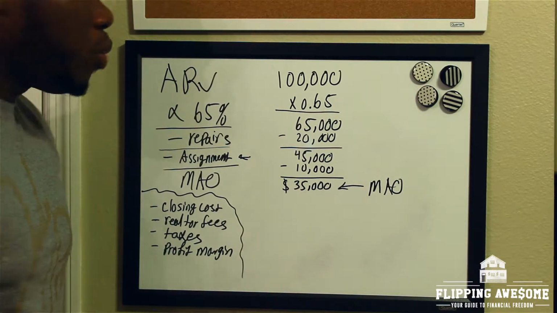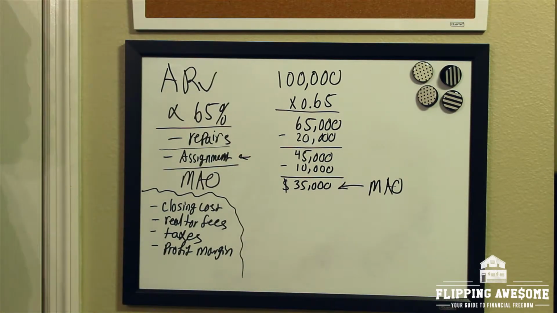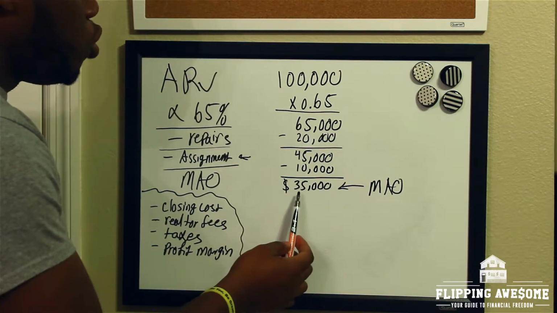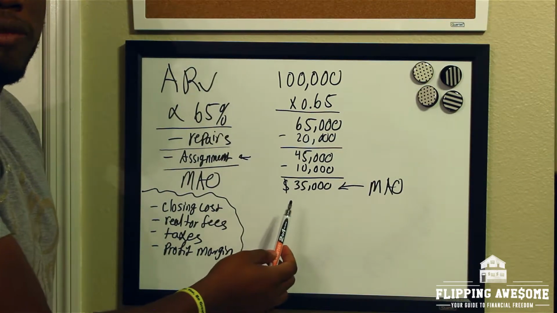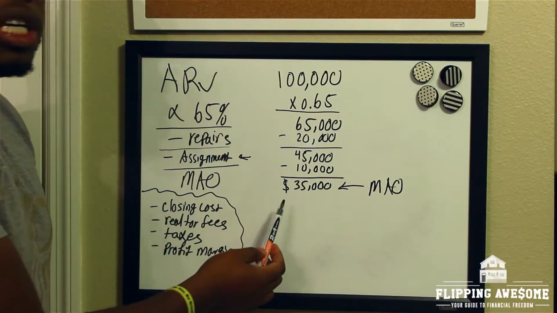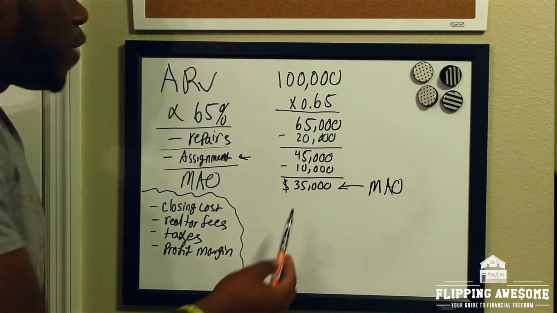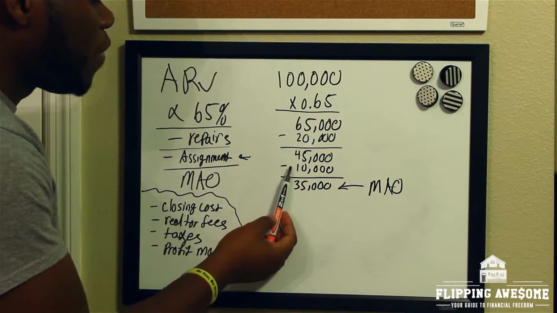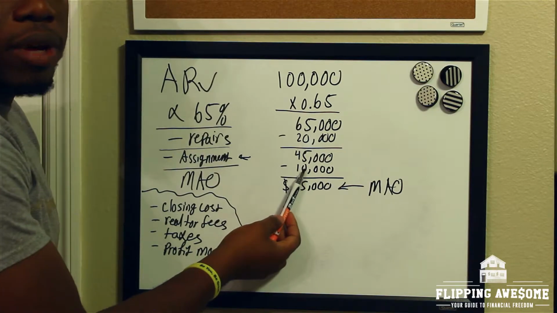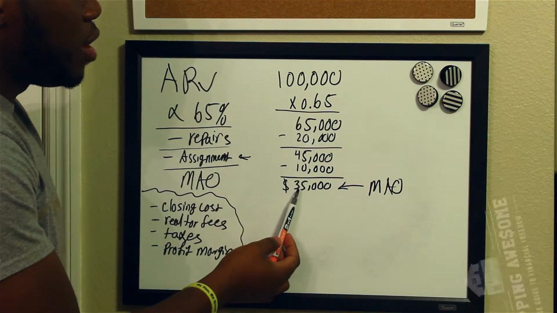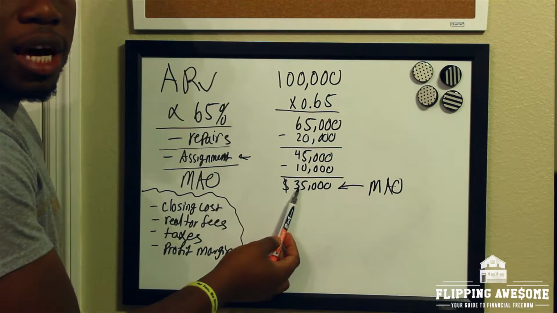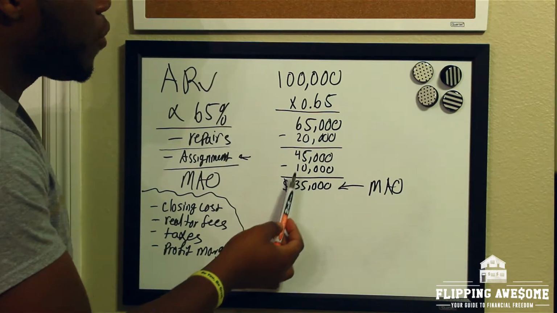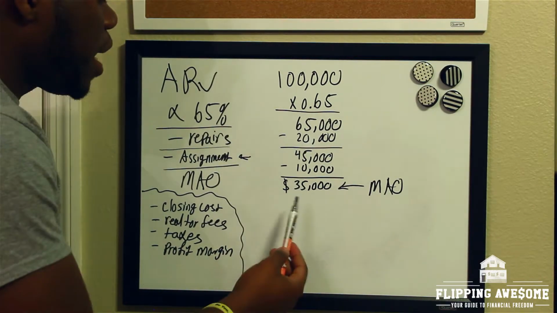Okay. Now there are situations where you may come across a time where you're not able to get it at 35,000, but maybe you can get it at 40,000. If you're okay with making 5 grand, because that's going to come out of your 10 grand, then buy the house at 40,000.